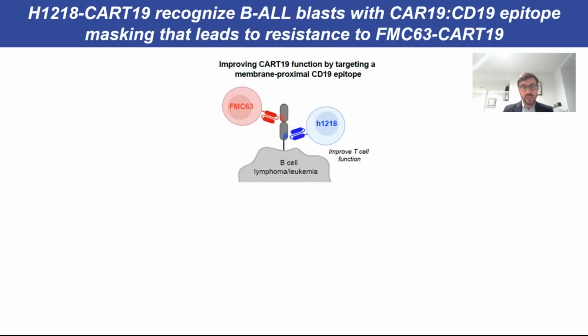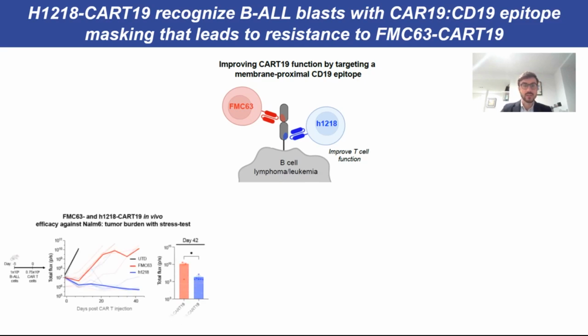Then another potential advantage of the epitope closer to the membrane could be a better T cell function. And so we compared head-to-head in leukemic cells that have wild-type CD19. And what we found in multiple experiments is that the 1218 was actually performing better than the FMC63.